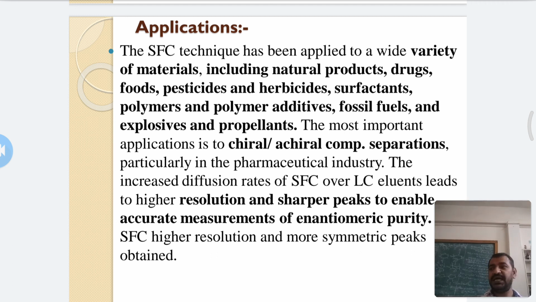That's why it has increased importance in separation techniques. Out of gas chromatography, GCMS and liquid chromatography, HPLC, supercritical fluid chromatography is the most important.